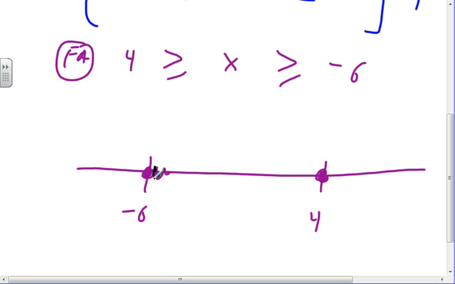So we'll go and change the color here. Okay, so 4 is greater than or equal to x. X is greater than or equal to minus 6. I'm all done. And that ends section 17.1.